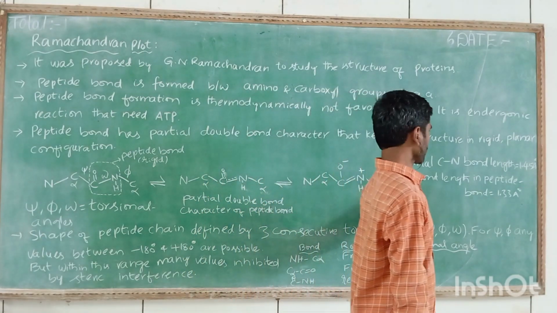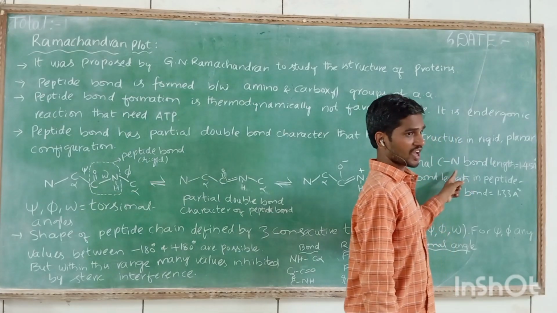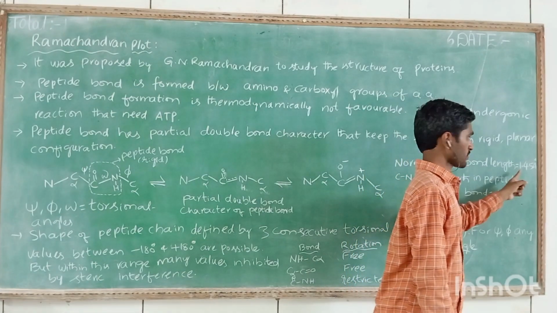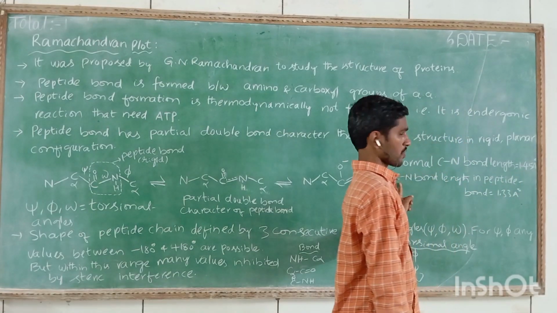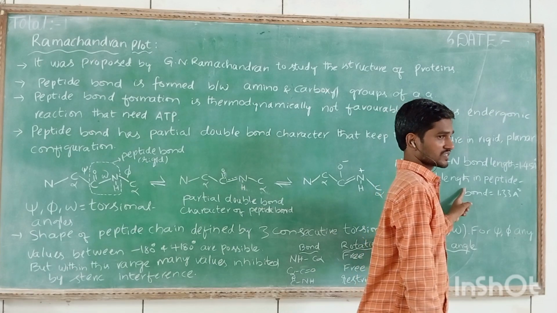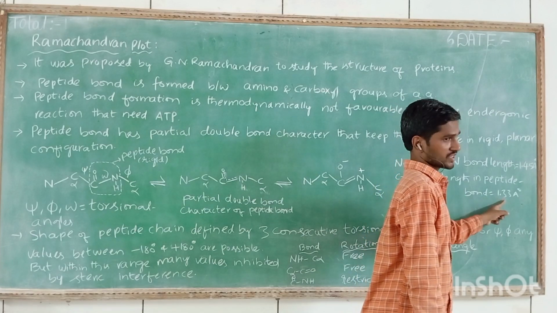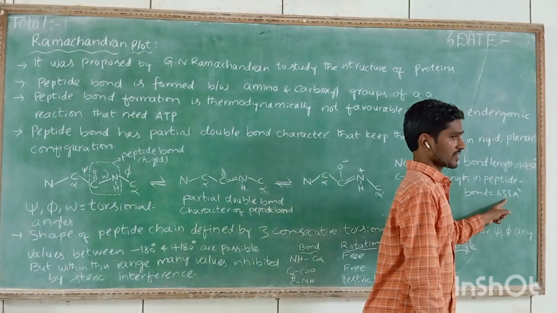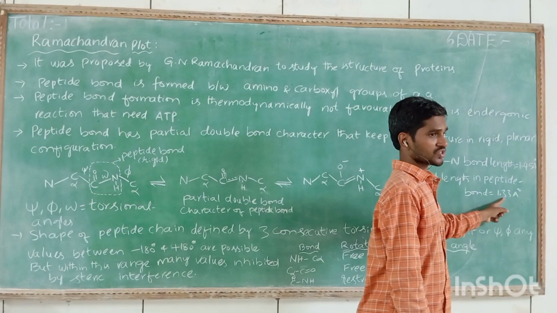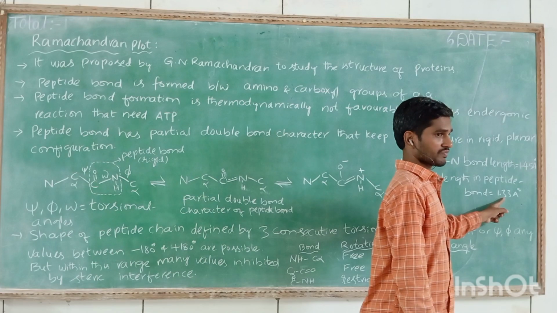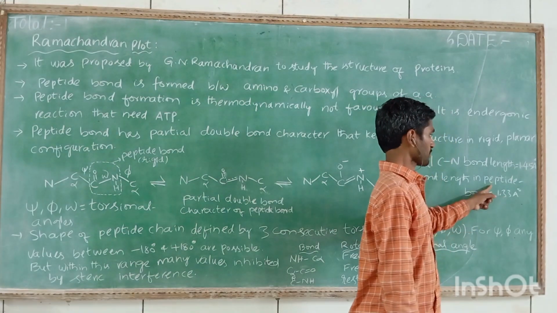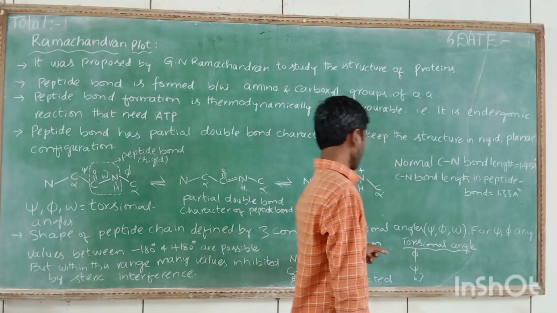Normally, the bond length between C and N is 1.45 angstroms, and the bond length between C and N in the peptide bond is 1.33 angstroms. So this is less than that one. It shows that it must have some partial double bond character. In fact, it is one of the evidences that the peptide bond has partial double bond character.